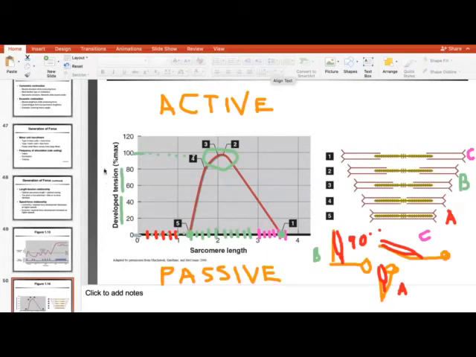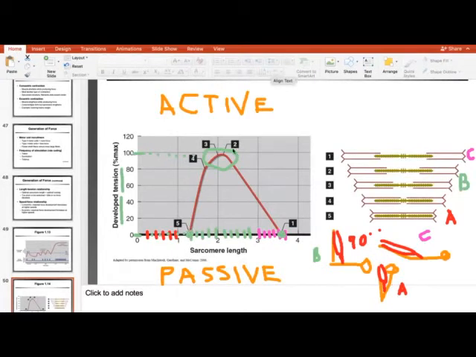Now, what happens to this napkin if I can't create any tension when I pull on it? It's just going to rip because it can't develop any tension. So right here it says that the muscle cannot provide any tension, and again, the muscle cannot provide any tension over here.